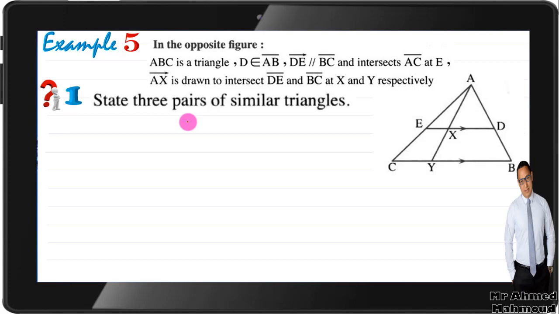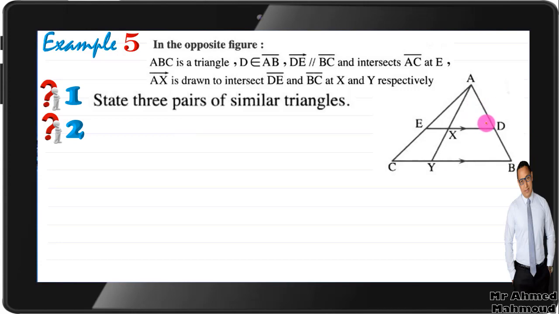Now, in this example, ABC is a triangle, DE parallel to BC, AX intersects DE and BC at X and Y. State three pairs of similar triangles. It's very easy.